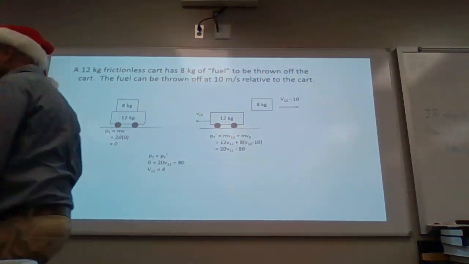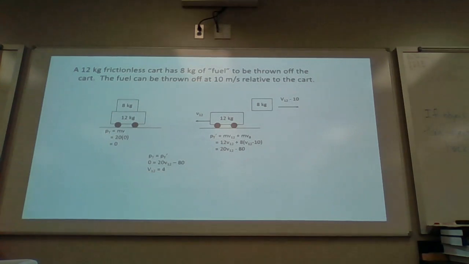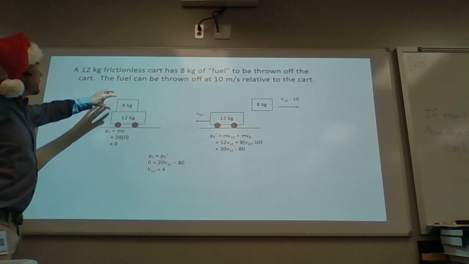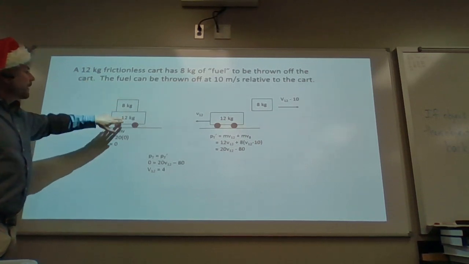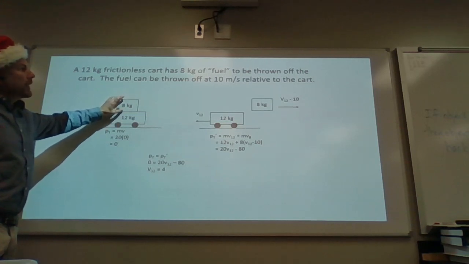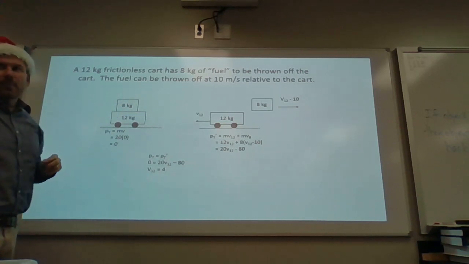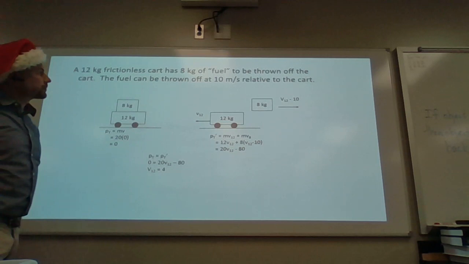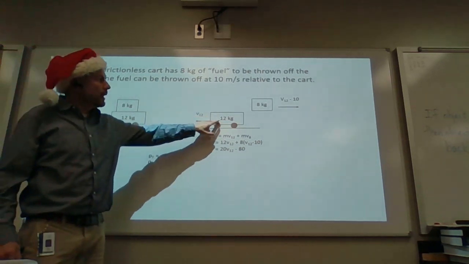All right, here we go. So this is a follow-up from yesterday. We are throwing. We got a 12 kilogram cart, and 8 kilograms of fuel being thrown off at 10 meters a second relative to the cart.